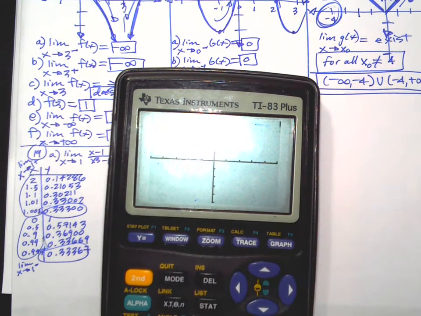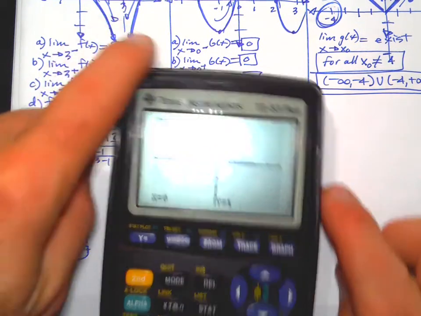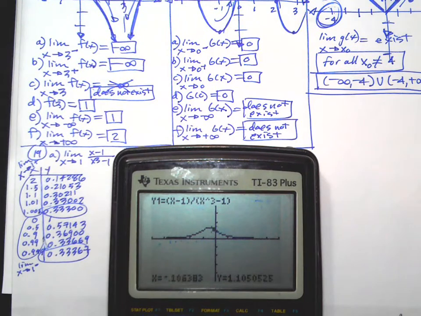Just graph real quick. All right. And if you want, you can then do trace and kind of go towards 1, which looks like it's going to, sorry, positive 1. Positive 1 looks like it's going to about 1/3.